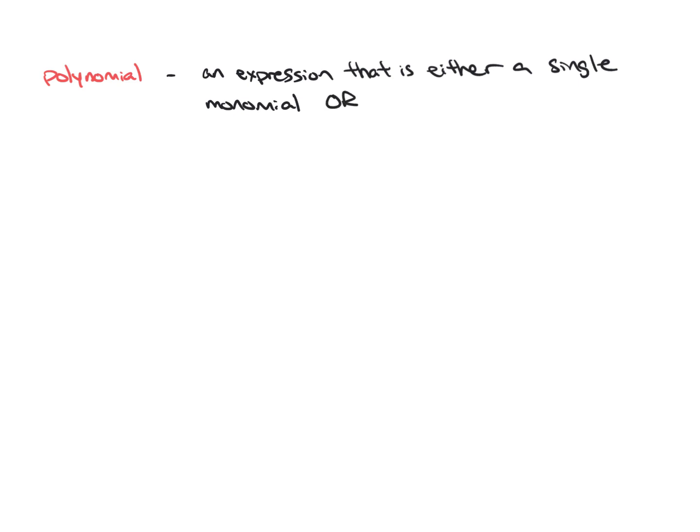So a polynomial is simply an expression that is either a single monomial or multiple monomials added together. They can also be subtracted, but I'm just going to use the word added.